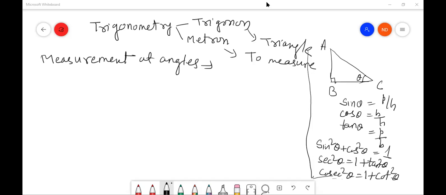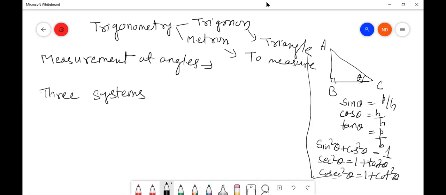Now, what is the new thing we are going to study? We will be adding some more systems of measurement of angles. There are three systems of measuring the angle.